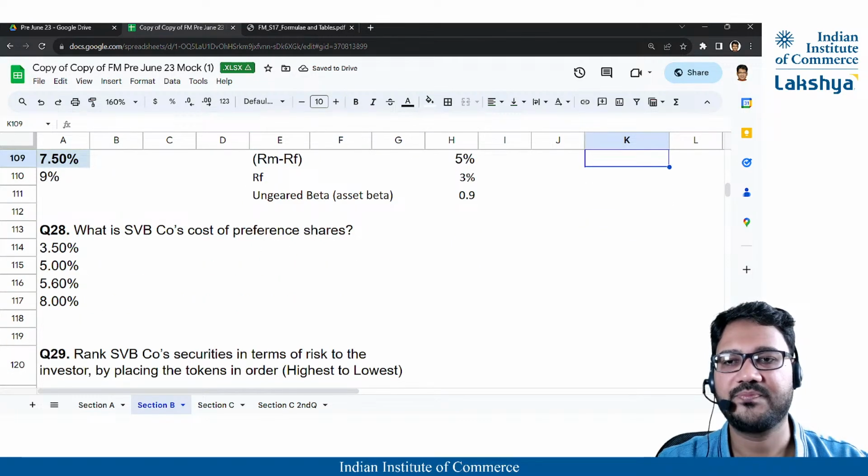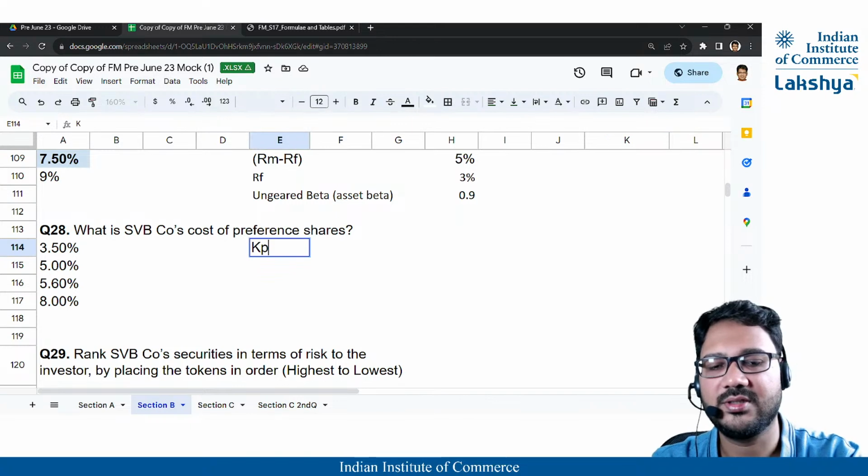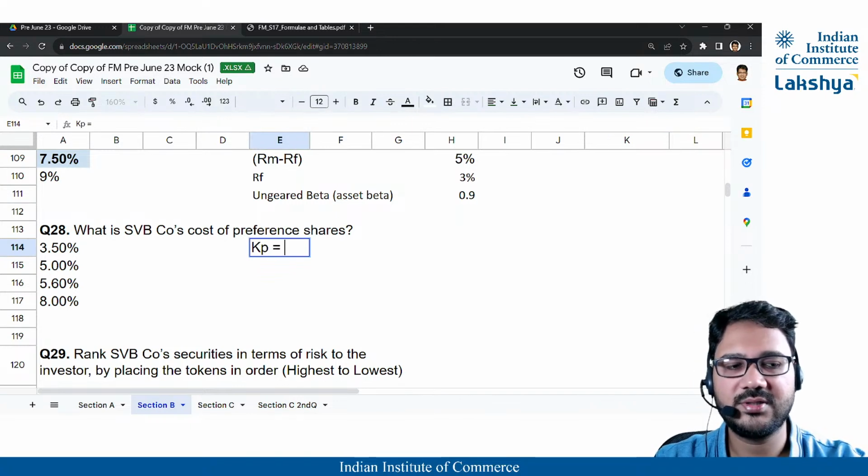So 7.5%. What is SVB's cost of preference shares? Now, the formula for cost of preference shares is KP equals dividend divided by price.